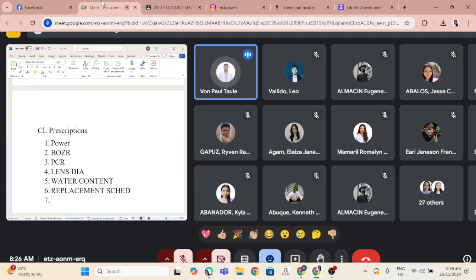Another pwede niyong ilagay dito sa replacement sked is just in case your patient has hard lenses. So for hard lenses, possible naman na hindi replacement sked ang ilalagay ninyo. Polishing schedule. Kasi usually for hard lenses, mas mabilis ang build-up niya or mas noticeable yung build-up dun sa hard lenses.